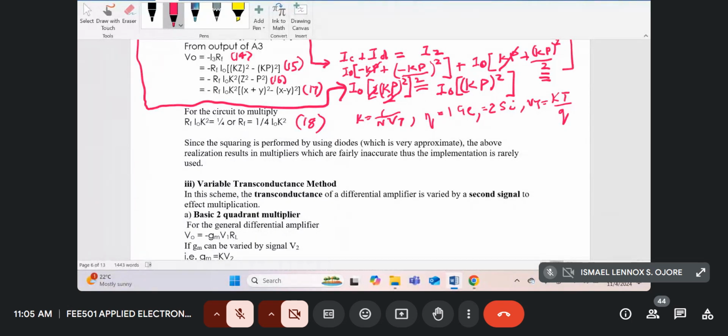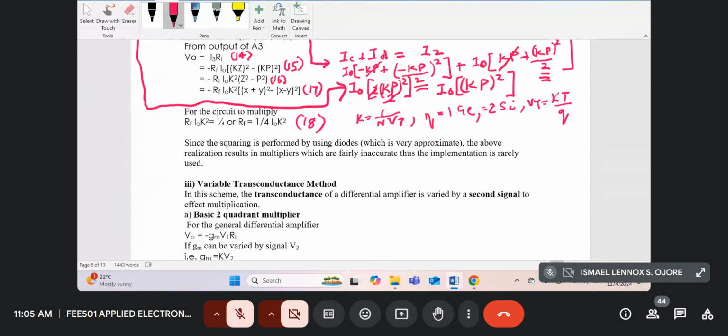Now the next scheme for implementation of analog multipliers is called the variable transconductance method. It's called that way because you're going to vary the transconductance of an amplifier with another signal.